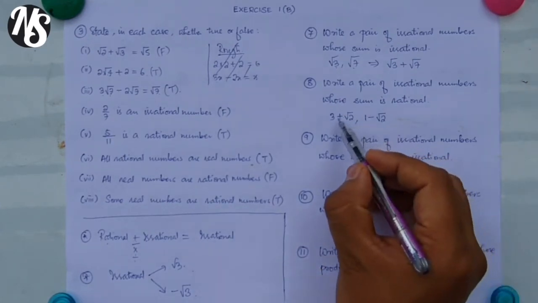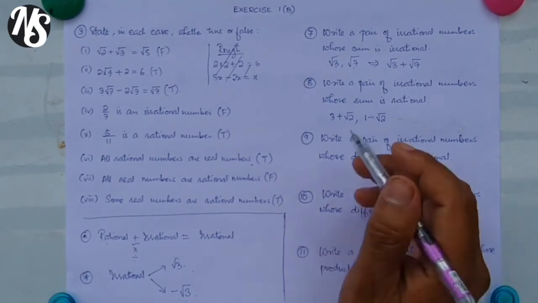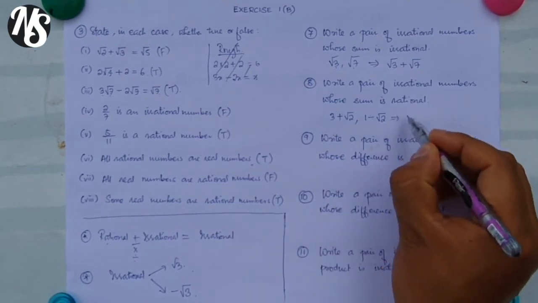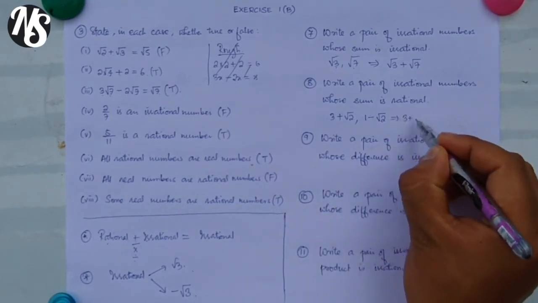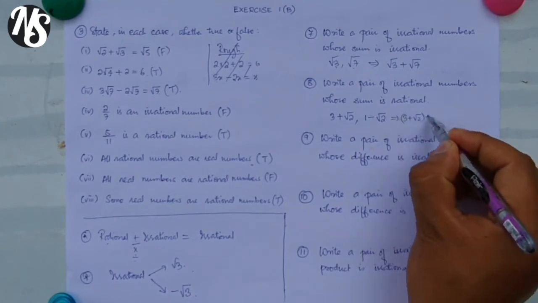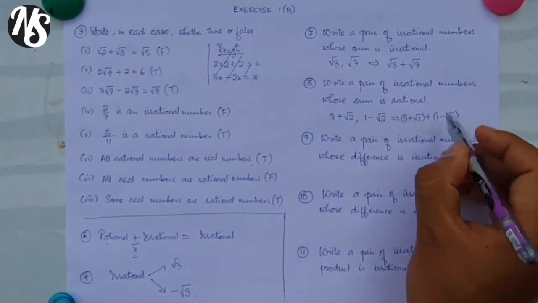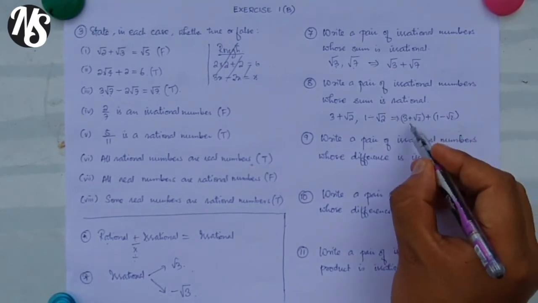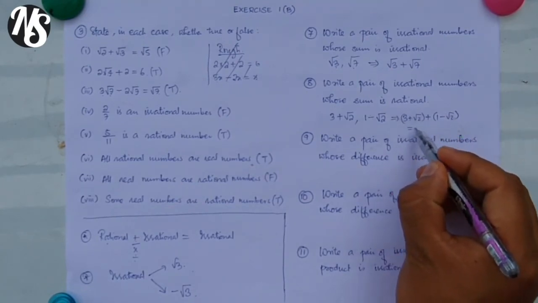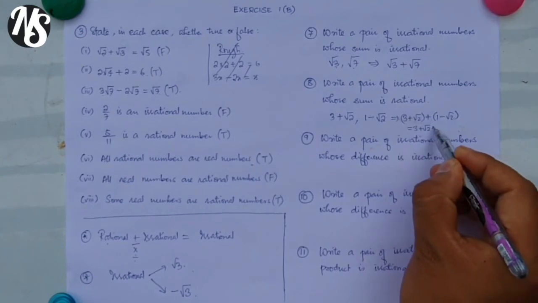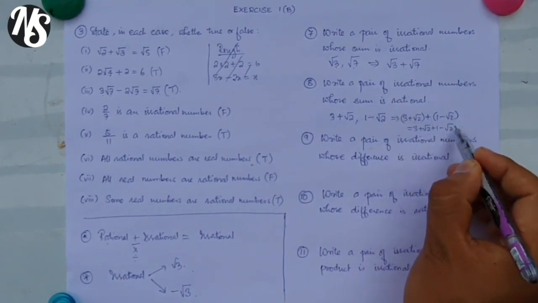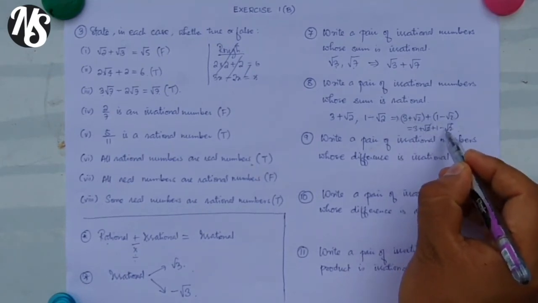Now if you add these two, let's see how much we get. So we get 3 plus root 2 plus another number, 1 minus root 2. So when you open the bracket, what happens is 3 plus root 2 plus 1 minus root 2. So root 2 and root 2, plus and minus, get cancelled.